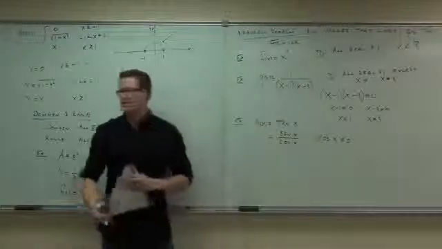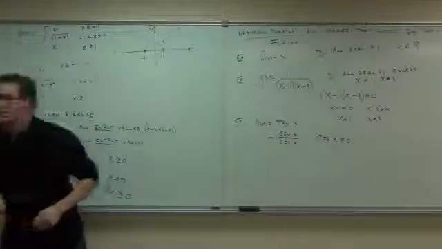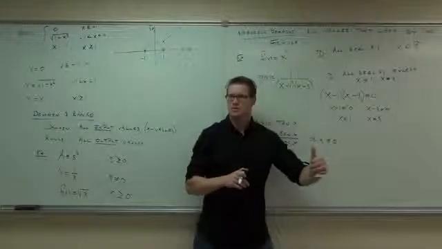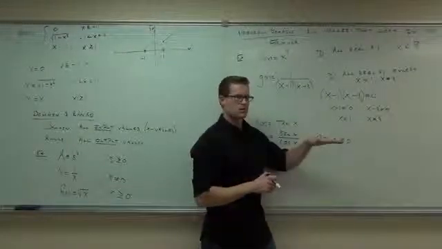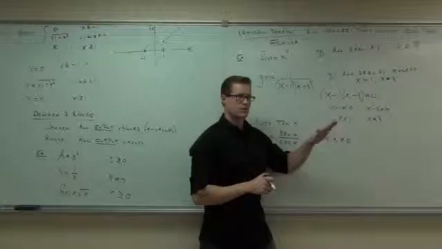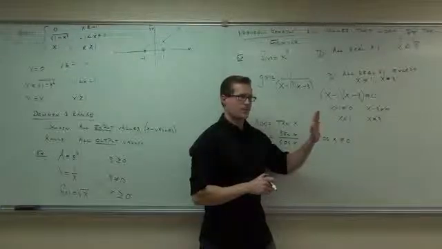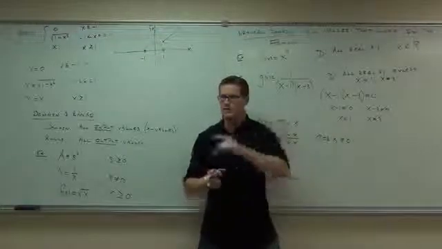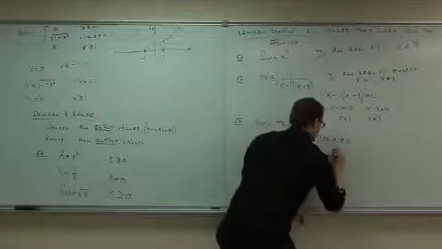If cosine x can't be equal to 0, what values of x make cosine equal to 0? Do it in terms of radians. Pi over 2. Pi over 2 is one of them. And 3 pi over 2.